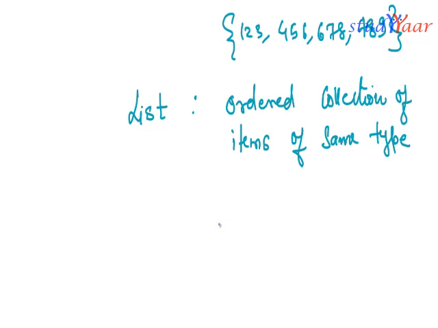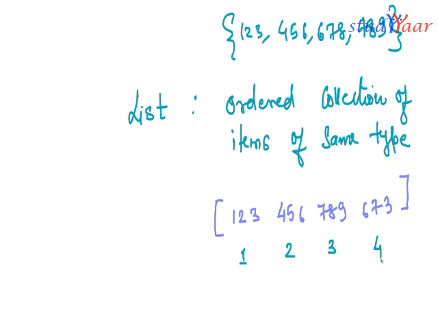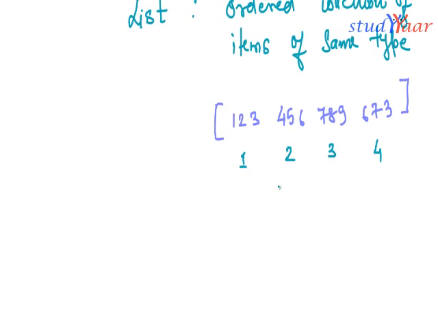My list is going to be something like 1, 2, 3, 4, 5, 6, 7, 8, 9, 6, 7, 3, and we would have this as the first element, this as the second element, this as the third element, and this as the fourth element. So I can refer directly to the third element if I want to.